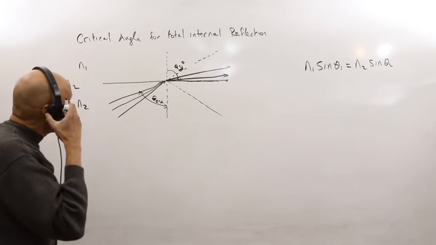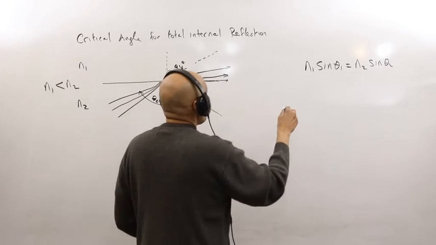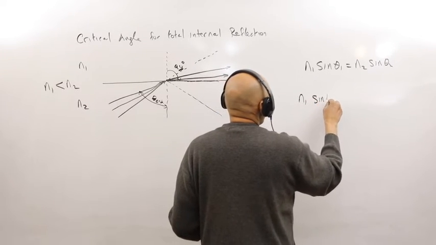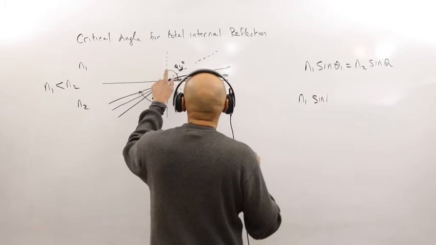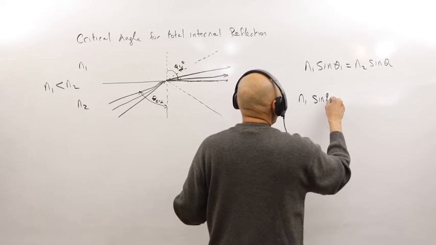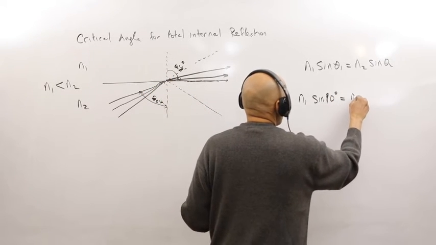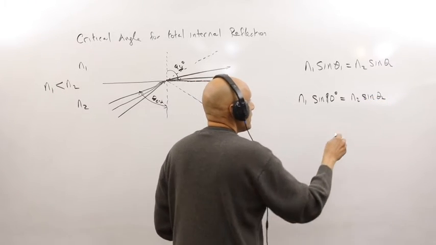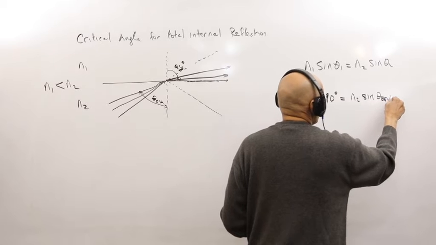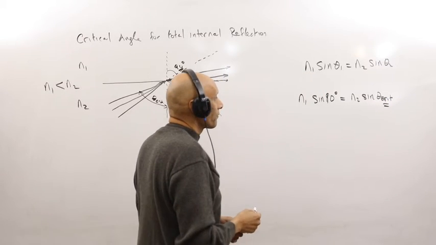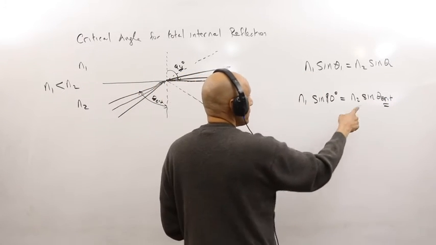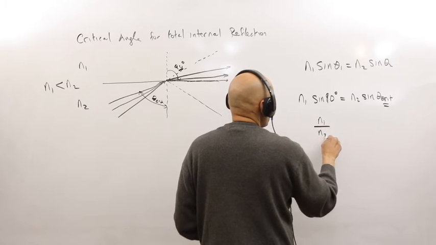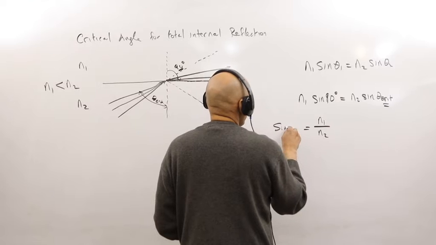So what you're saying is that this is N1, theta 1, where theta 1 is 90 degrees, and this is N2 sine of theta 2. So theta 2 is really called the critical angle. Let's call it the critical angle. If I solve for theta 2, we'll see that N1 divided by N2 is equal to sine of theta critical.